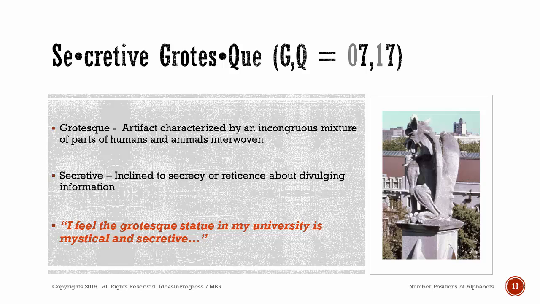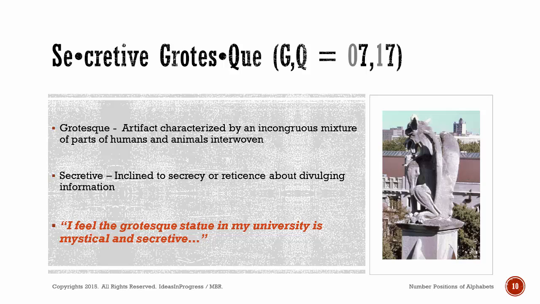The seventh mnemonic was grotesque. It was for combination GQ. Now you might notice that moving beyond position 6, the combination gets simpler because there are only 2 letters to remember, G and Q. But nevertheless, we have the mnemonic and we have the noun and we have the adjective to remember it.